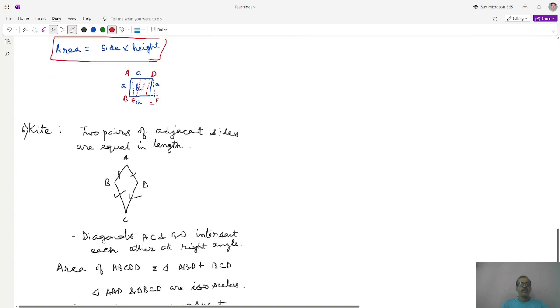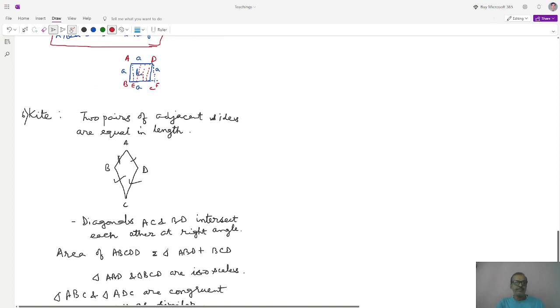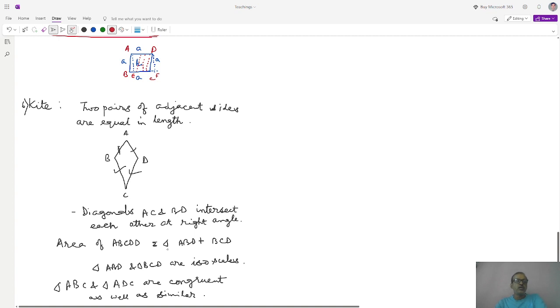Now come to the figure kite. If two pairs of adjacent sides are equal in length, then the figure is known as a kite. In this figure, ABCD is a kite because the adjacent two sides AB equals AD and BC equals CD.